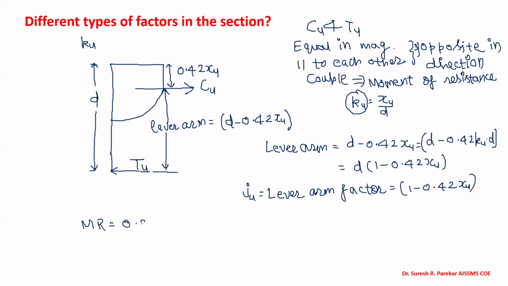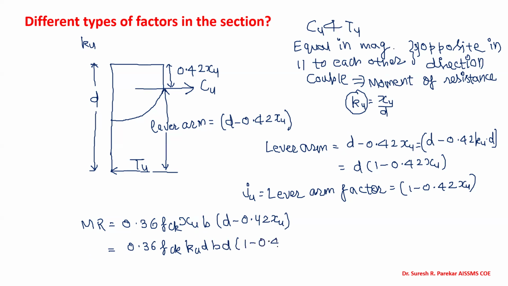So the moment of resistance is 0.36 fck xu b in bracket d minus 0.42 xu. The first part is the force, the second part is the lever arm. Now, if we write it, it will be 0.36 fck Ku d into b into d, and then 1 minus 0.42 Ku. If I rearrange the terms, I have 0.36 fck Ku (1 minus 0.42 Ku) b d square.